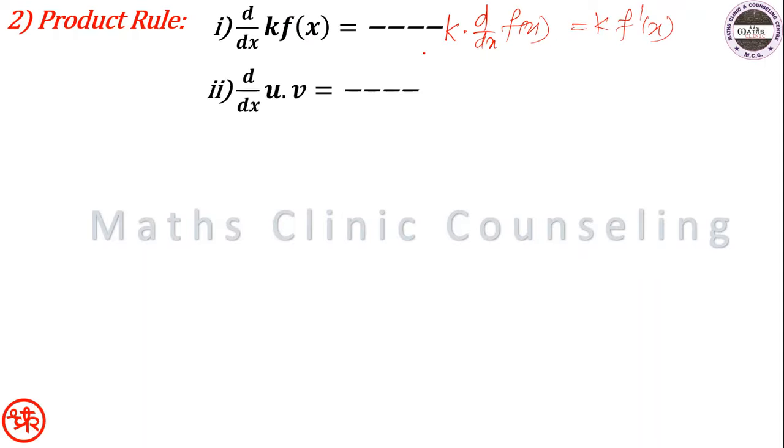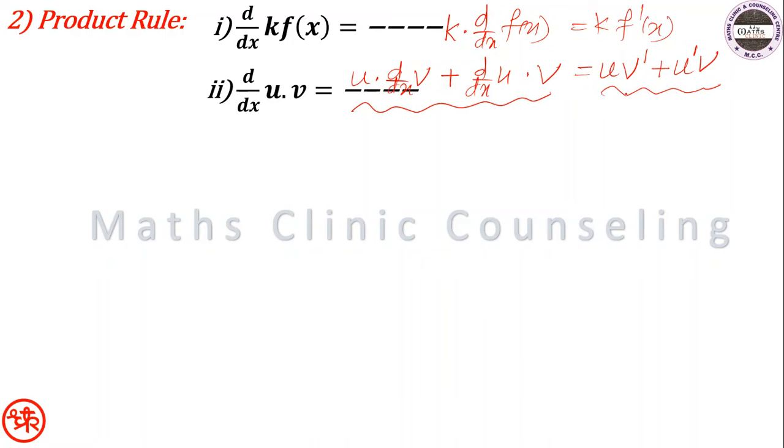Then d/dx of u into v, तो क्या आएगा? u into d/dx of v plus d/dx of u into v, that is u v dash plus u dash v. Is that clear? So that is the derivative. Either you can use this notation or you can use this notation: first function into derivative of second function plus derivative of first function into second function. Is that clear?